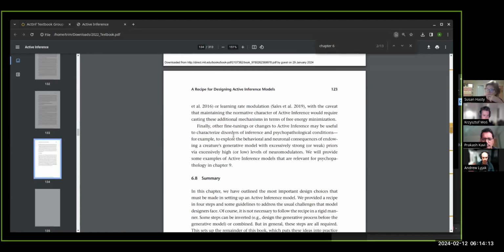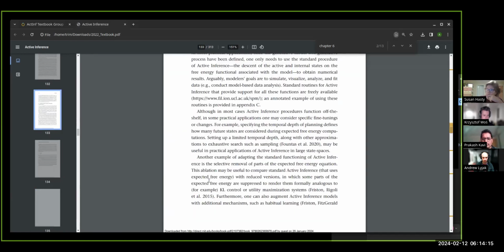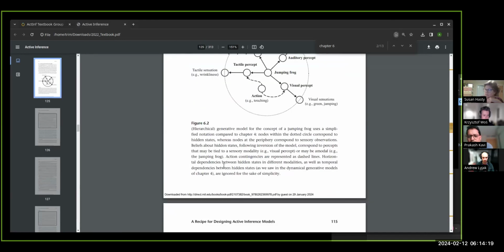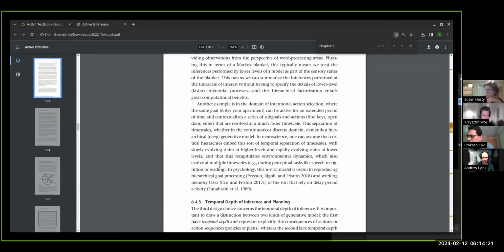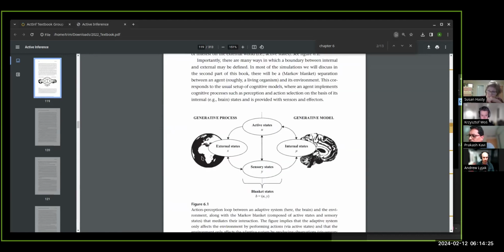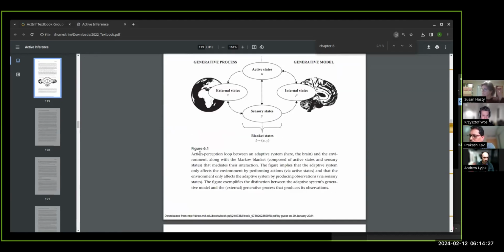That's chapter 6. It looks like it has only that one figure, and not any of these connections that have been brought up, which are super great and well said about the Bayesian mechanics.